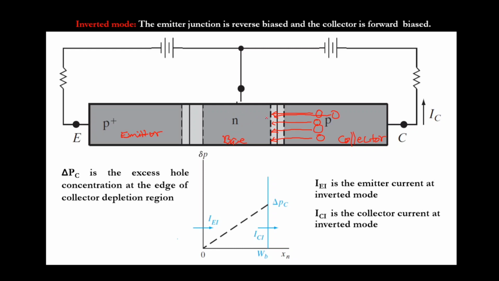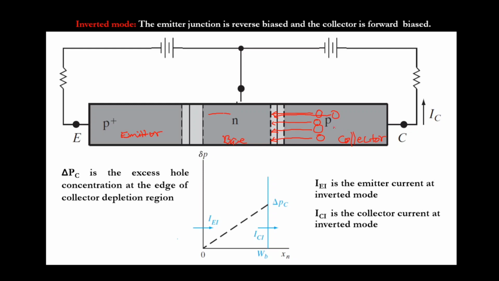Everything remains the same. The holes will diffuse, and as soon as they reach this point, they will be dragged towards the highly doped p-type area. So the emitter is going to collect the holes which are injected by the moderately doped p-type area, that is the collector.